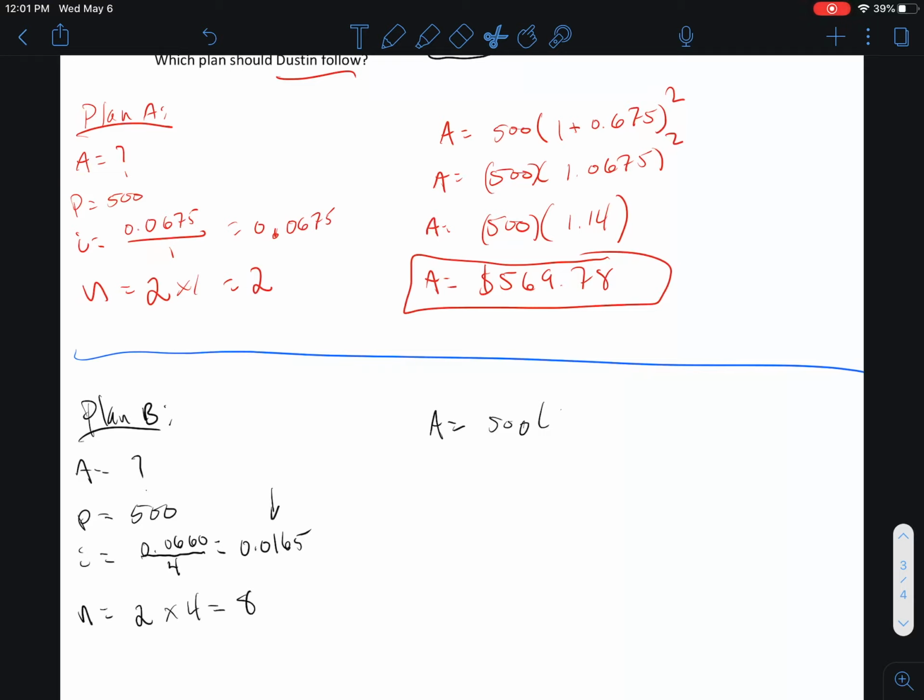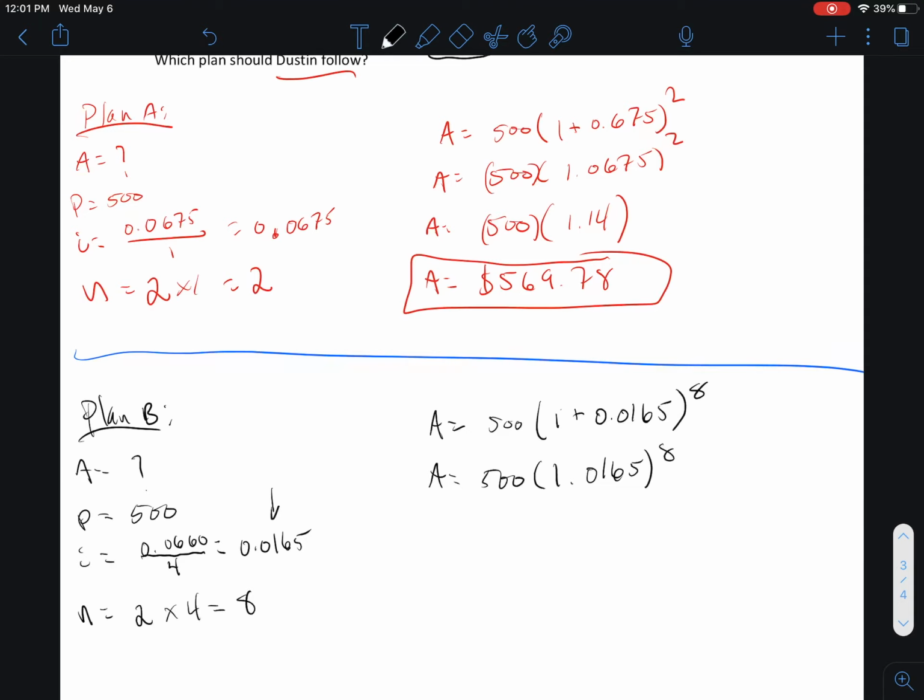So let's go up here, right? Don't need the brackets the first step. You can, but so it's going to be 500, and we're going to multiply that by 1 plus the interest rate, which is 0.0165, and then I'm going to put it to the power of 8.